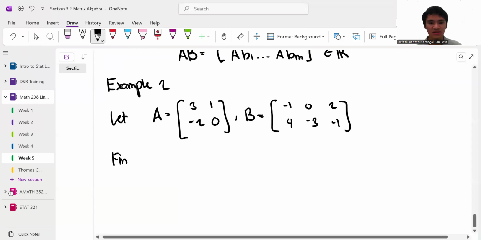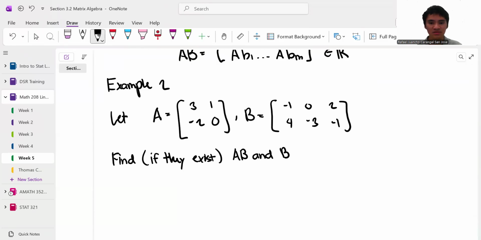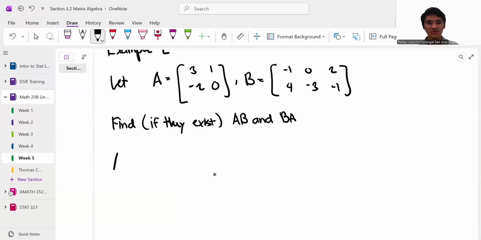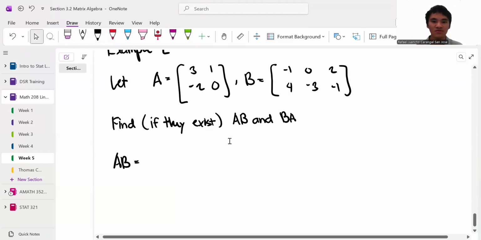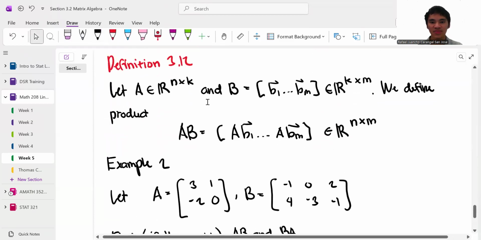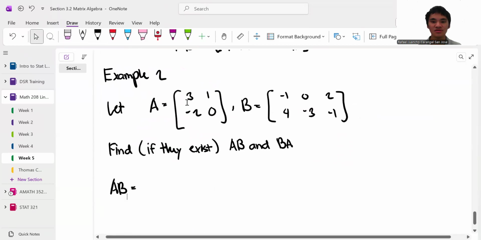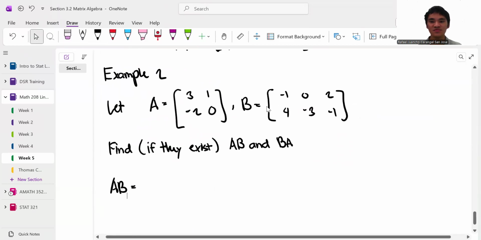So we find, if they exist, AB and BA. So how do we find AB? Well, first we have to check, right? The number of columns of A should be equal to the number of rows of B. So is that true? Are the number of columns of A equal to the number of rows of B?